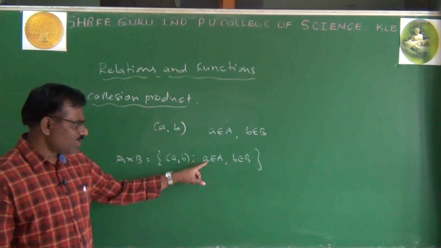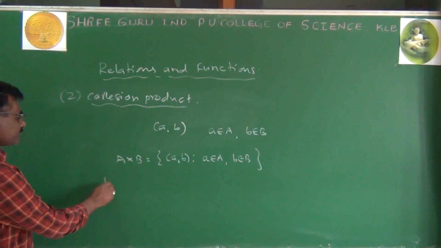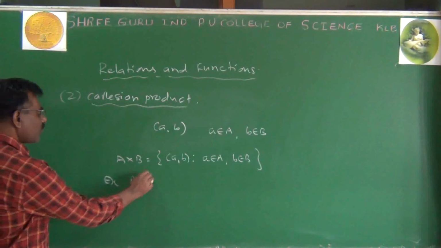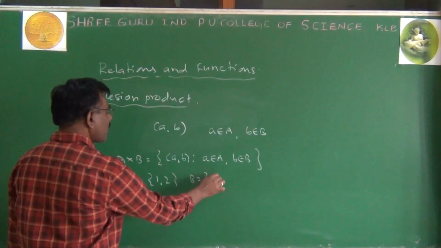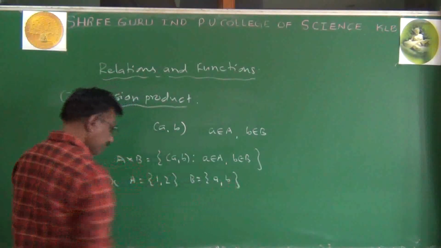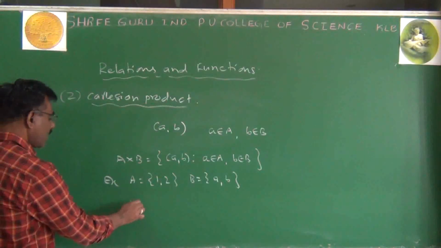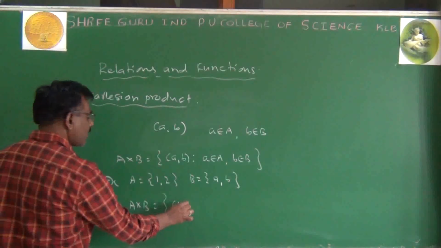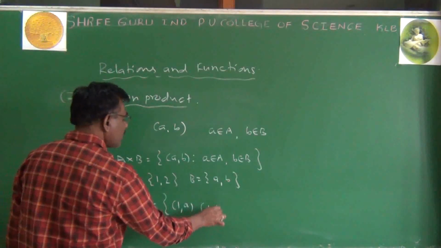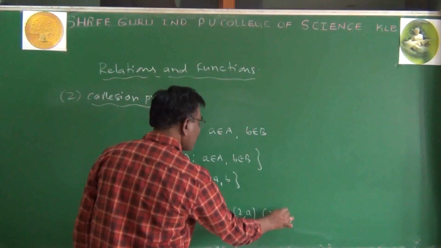So a is the first element, b is the second element. For example, A equal to {1, 2}, B equal to {a, b}. Now what is the Cartesian product of A and B? A cross B is (1, a), (1, b), (2, a), (2, b).